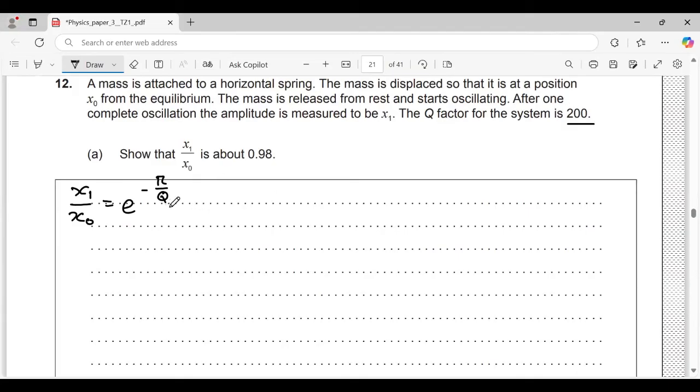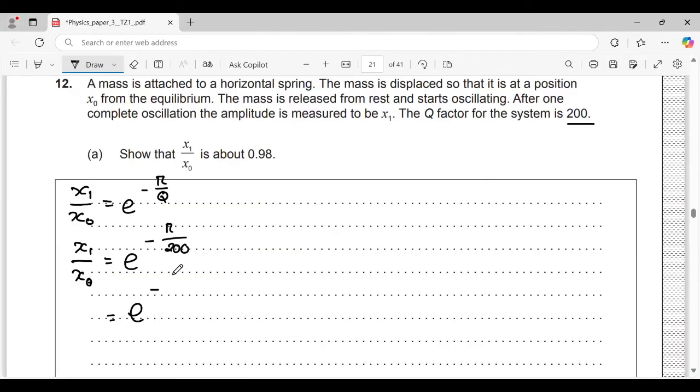Substituting, x1 over x0 equals e power minus pi over 200, with pi as 22 over 7.